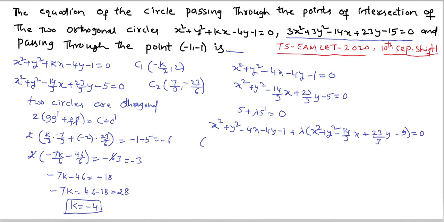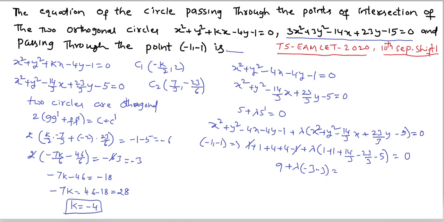This circle passes through the point minus 1 comma minus 1. Substituting these values, minus 1 whole square 1, 1 plus 4 minus 1, plus lambda into 1 plus 1 plus 14 by 3 minus 23 by 3 minus 5 is equal to, here 1 cancels, that is 4 plus 4, that is 8 plus 1, 9, plus lambda into 1 plus 1, 2, 2 minus 5 is minus 3, plus 14 minus 23, that is minus 9 by 3, is minus 3, is equal to 0.